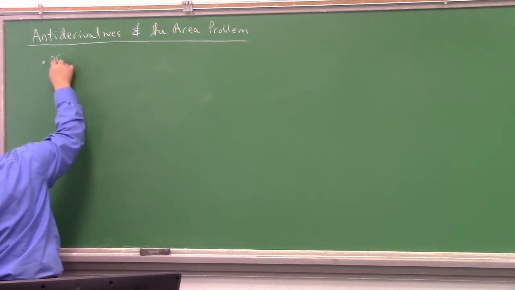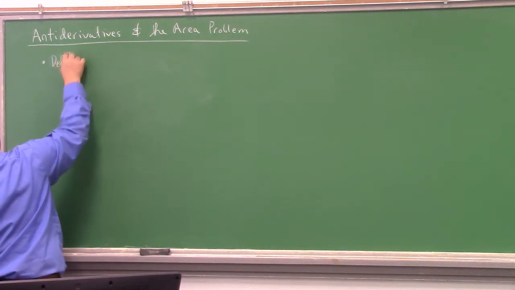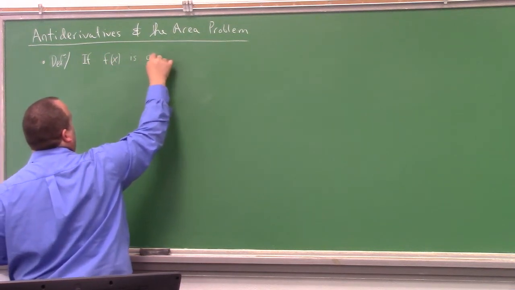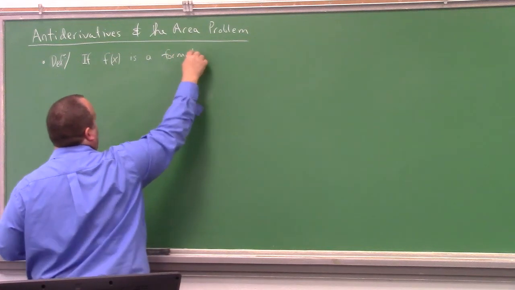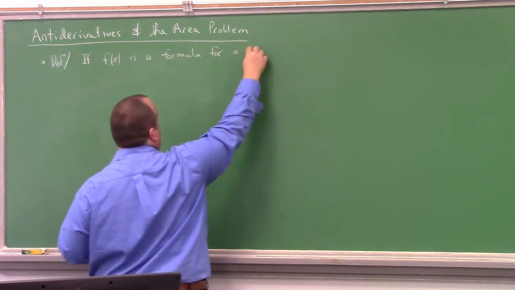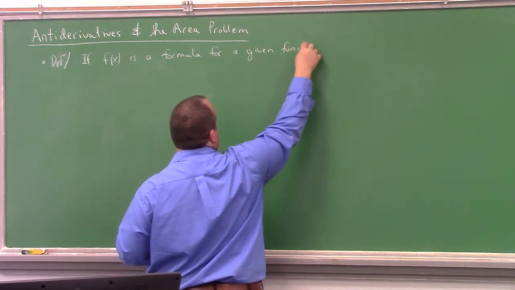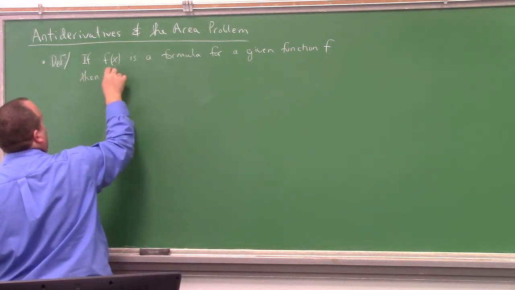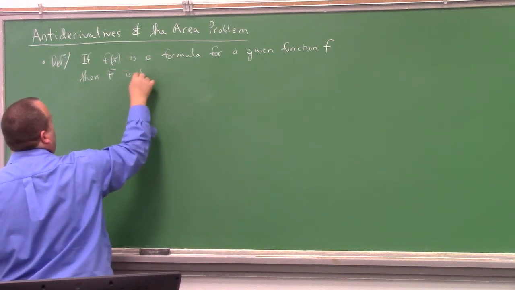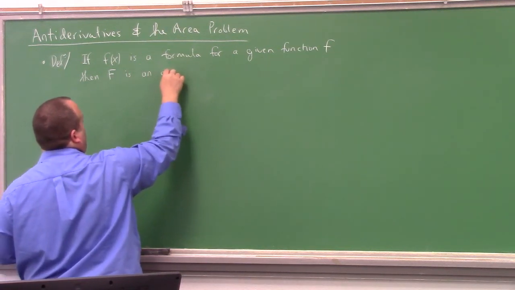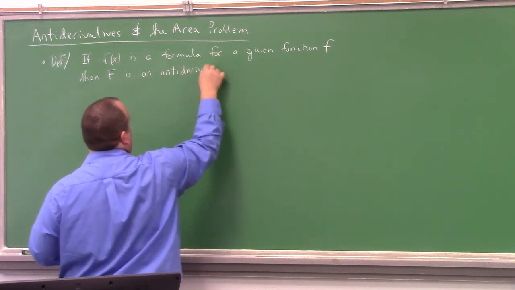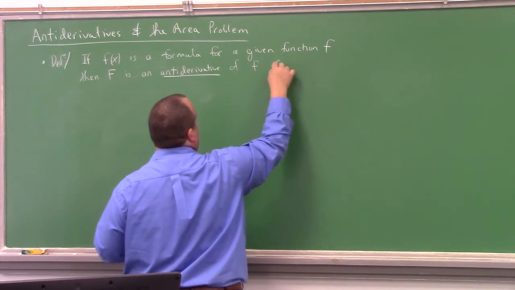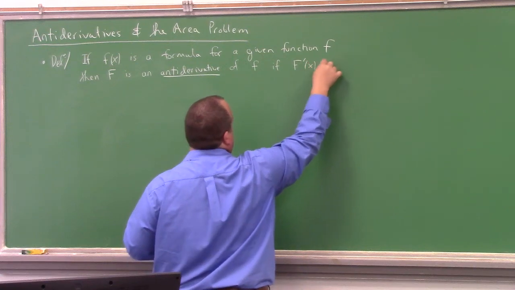So, it's a definition: if f of x is a formula for a given function f, then big F is an antiderivative of little f if big F prime of x is equal to little f of x.